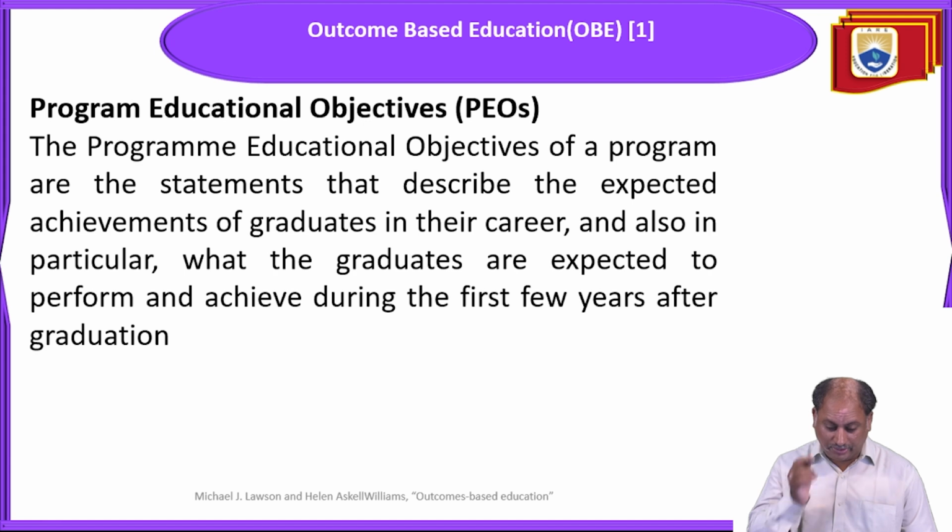Another one is program educational objectives, simply PEOs. The program educational objectives are statements that describe the expected achievements of graduates in their career, and in particular what graduates are expected to perform and achieve during the first few years after graduation. The program educational objectives mainly define the goals they are expected to achieve during some years.